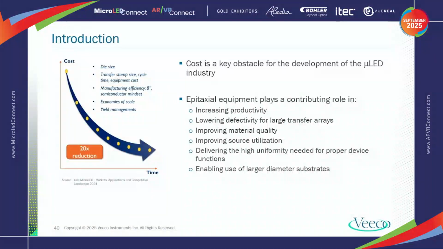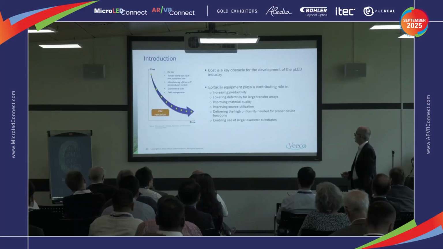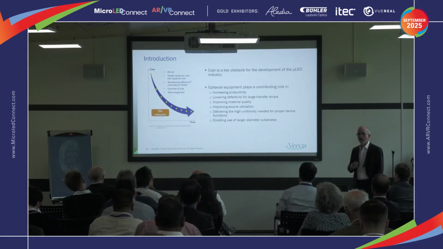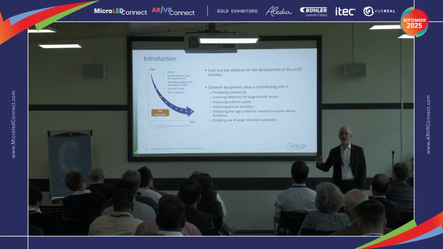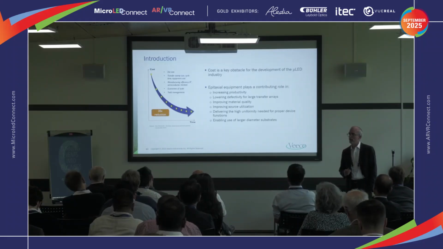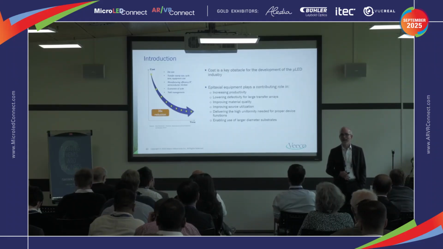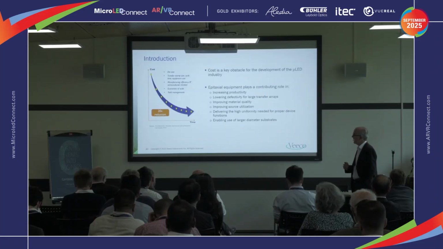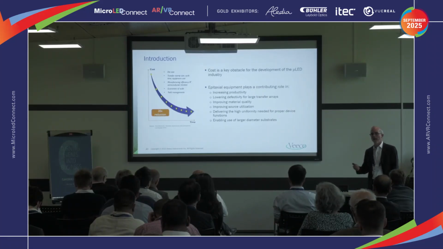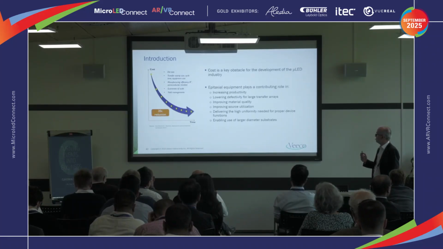So through elements like productivity, material quality, defectivity, these are all aspects that can end up adding up and contributing to a starting point of the process that might already be hurting the total cost equation. So we want to make sure that from the very beginning we are playing a part in the reduction of costs, and that's what we'll discuss in the rest of the presentation today.